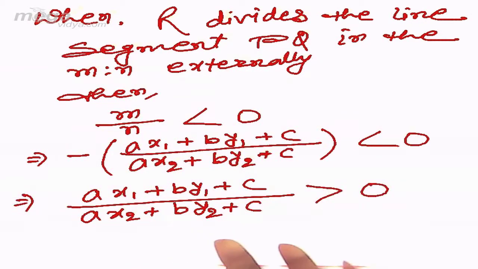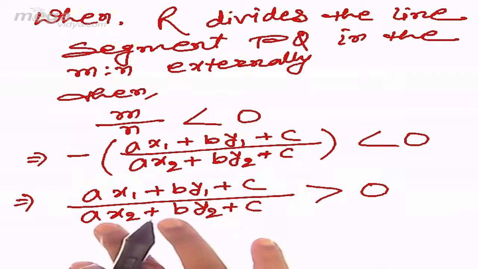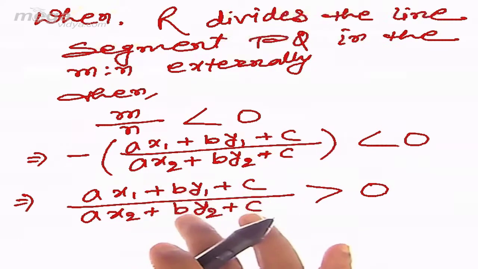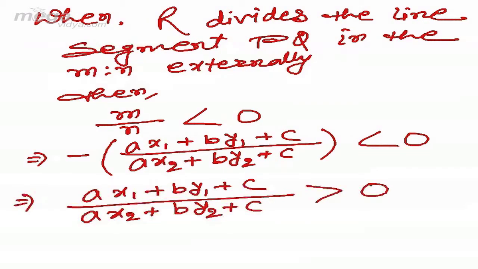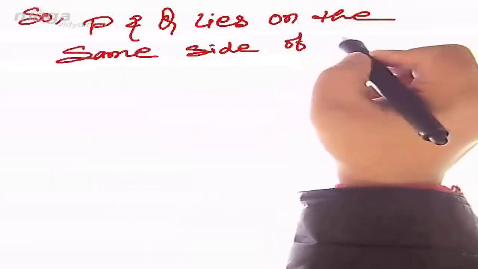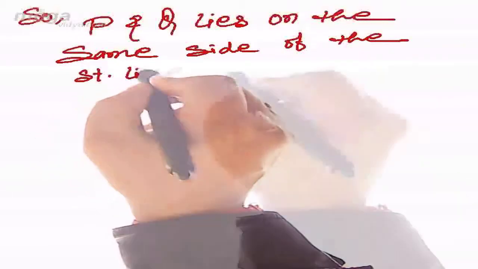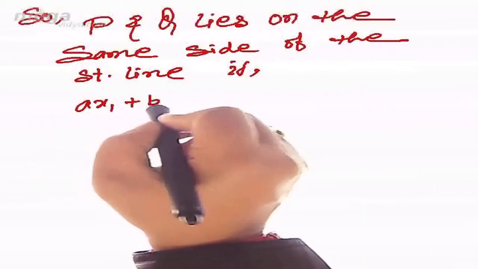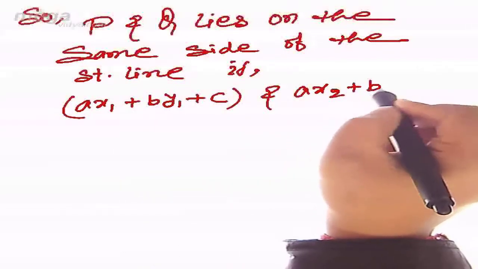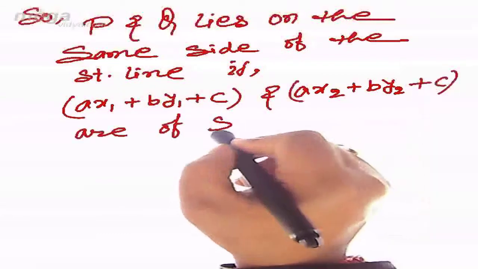It means ax1 plus by1 plus c and ax2 plus by2 plus c should have the same sign, because the division of two numbers is positive only when both numbers are either positive or both are negative. So P and Q lie on the same side of the straight line if ax1 plus by1 plus c and ax2 plus by2 plus c are of the same sign.